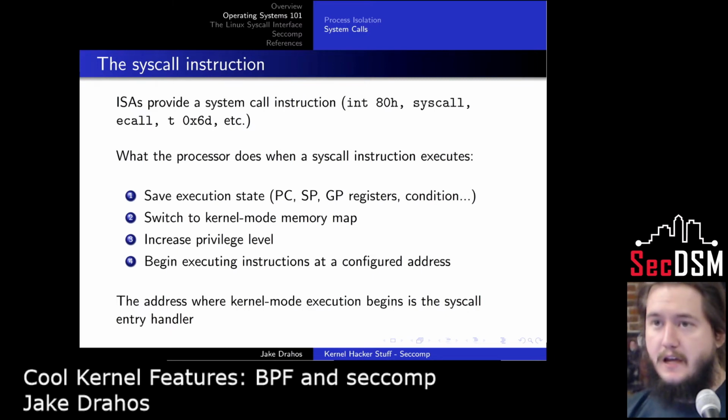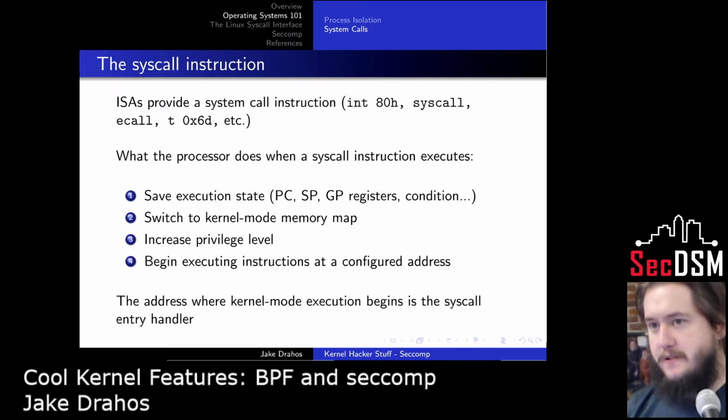When a process that's running in low privileged user mode executes a syscall instruction, the processor and hardware vaguely performs this sequence of events. The particulars are very dependent on the ISA and typically described over a page or more of text.